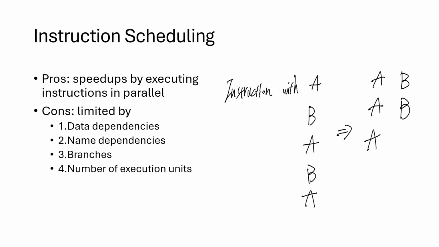Even if we have 100 execution units, we still will encounter dependencies. If we have 1,000 execution units, we still cannot reduce the clock cycles to 1, because we can see there's a 3A, so there are dependencies. Even with a lot of execution units, we still cannot reduce the clock cycles under 3.